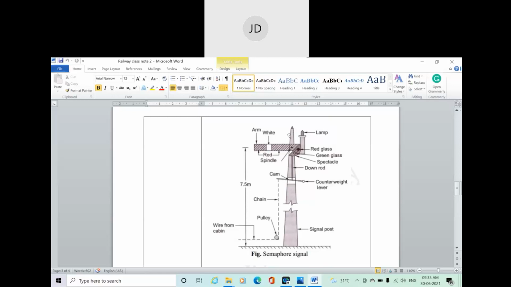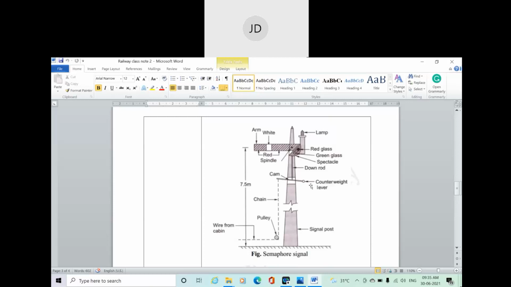It has one vertical post, which is the signal post. The signal post has a height of 7.5 meter, and near the top, at 7.5 meter from the ground, one arm is fixed, which is also connected with a cam.